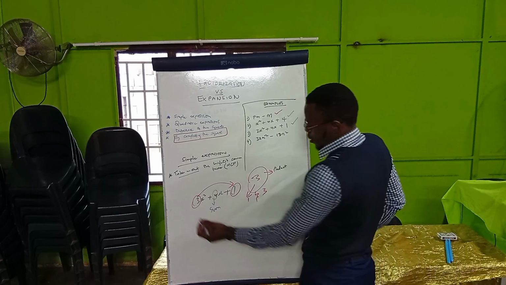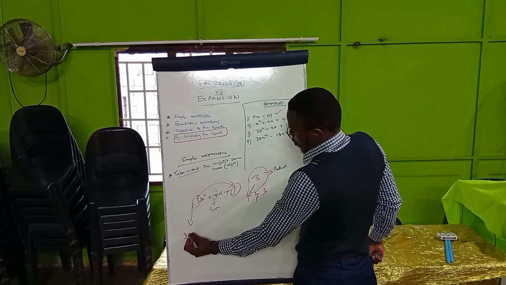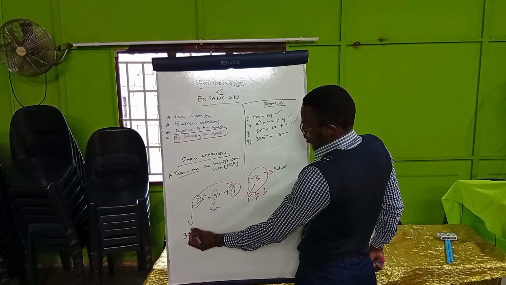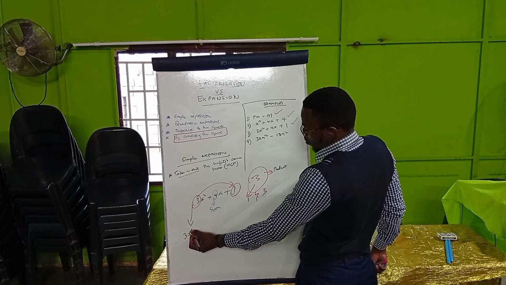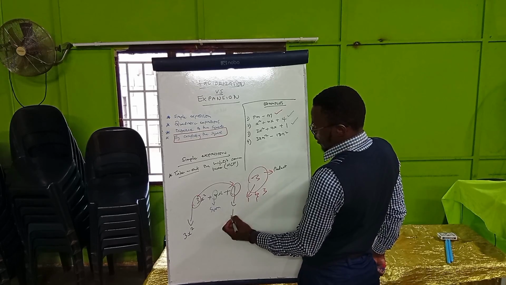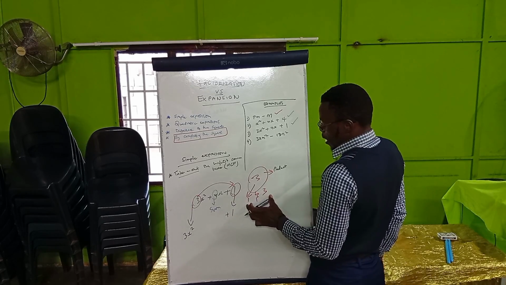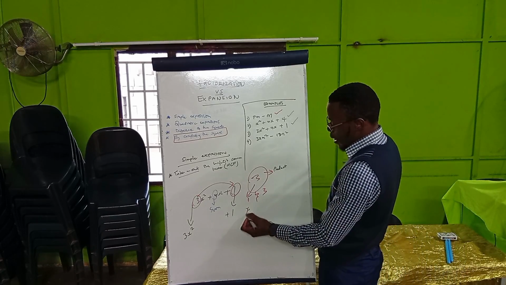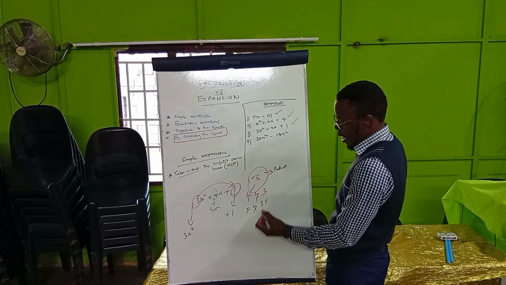And then because x squared has a coefficient which is greater than 1, this will remain as it is. And then we'll write these factors in terms of x. So 1 becomes x and 3 becomes 3x.